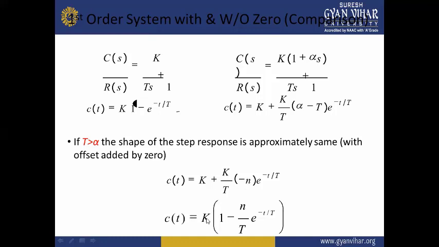So when we take the common terms, K equals minus 1 upon alpha by T. So this term is almost equal to the first order response without the zero.